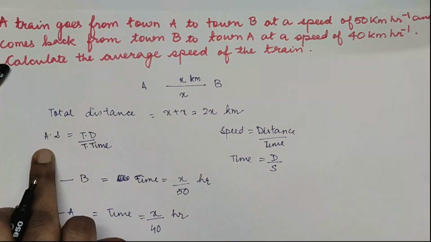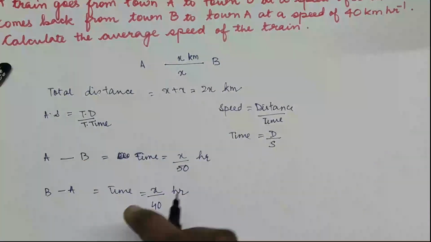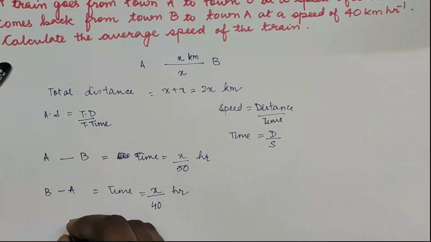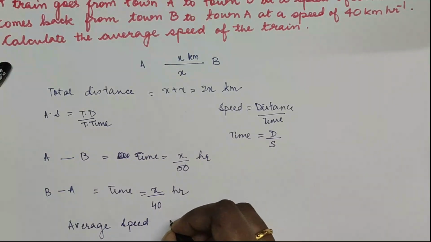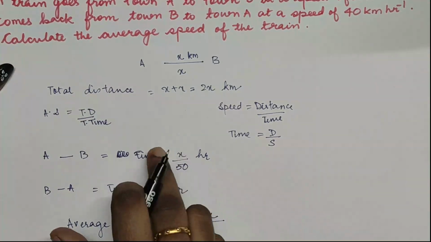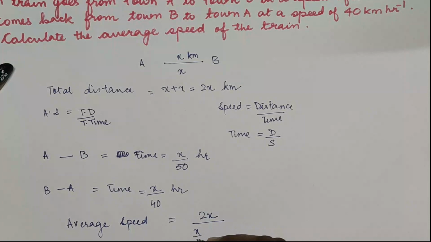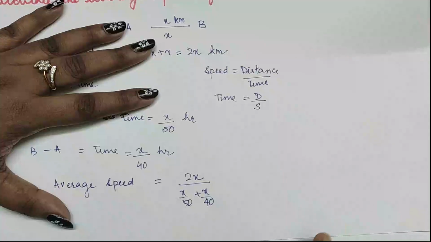Now according to the average speed formula, we need the total time, which we have already found in the previous part. So the average speed of the train is the total distance, that is 2x, by the total time. Now x by 50 plus x by 40 is the total time. You need to solve it like your maths question.